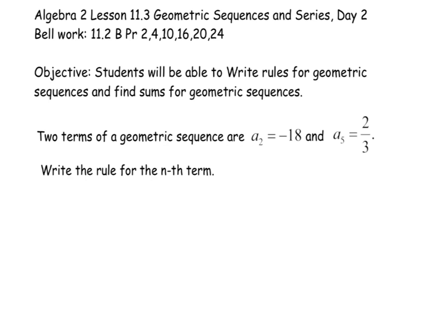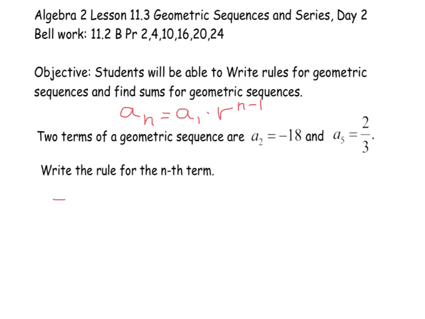Again, the general rule for a geometric sequence is an equals a1 times r to the n minus 1, where a1 is the first term and r is the common ratio. So I'm going to have to write two different equations.